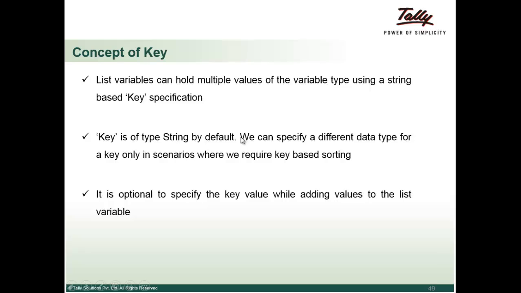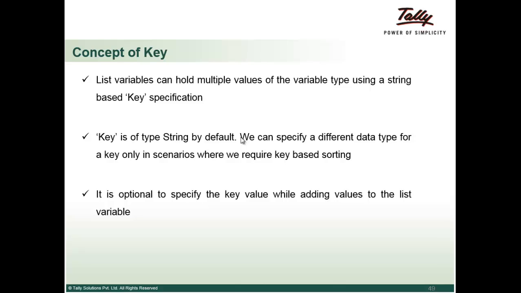So the concept of key. List variables can hold multiple values of variable type using a string based key specification. So what does it say? We had 4 employee details, right? When we are adding each employee detail to the list variable, we can add it using a key.